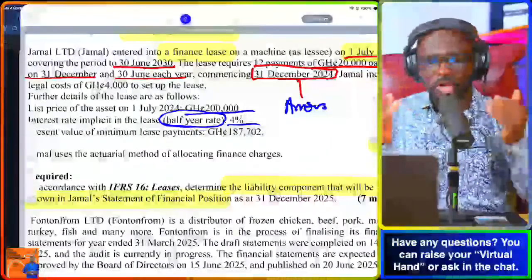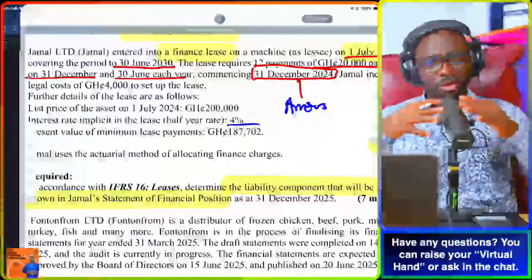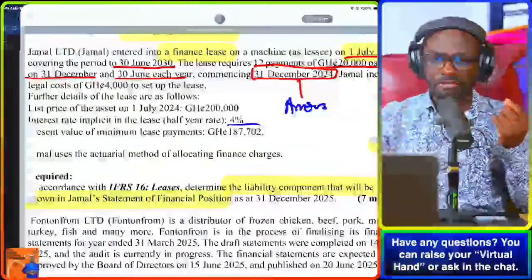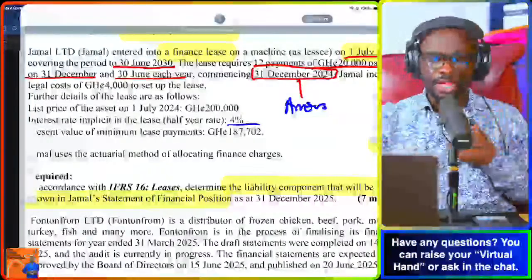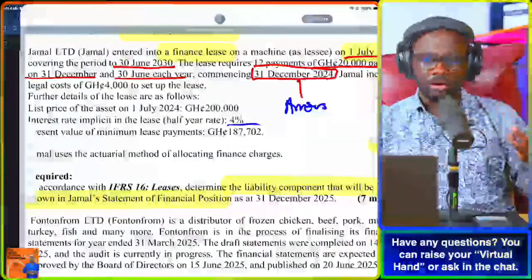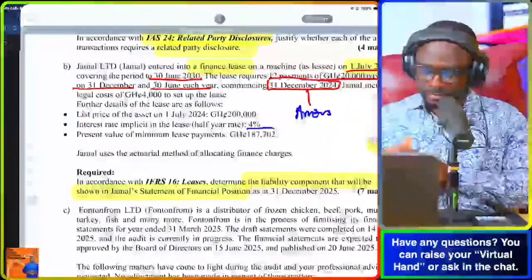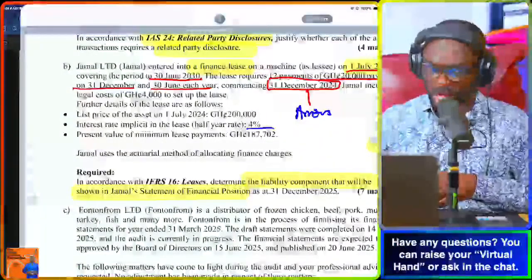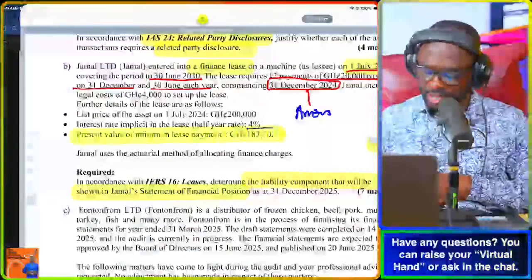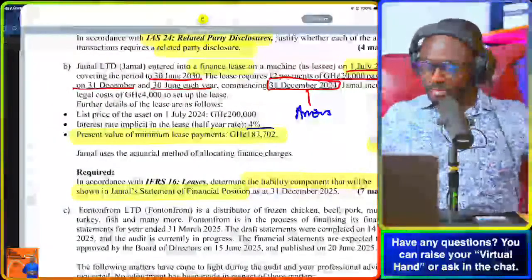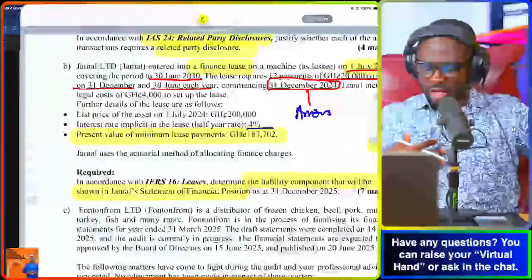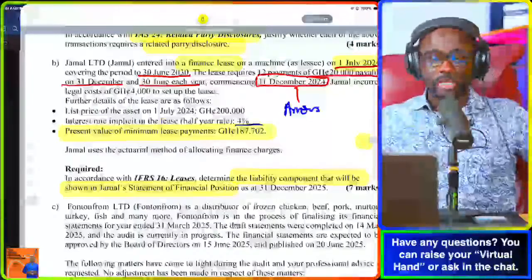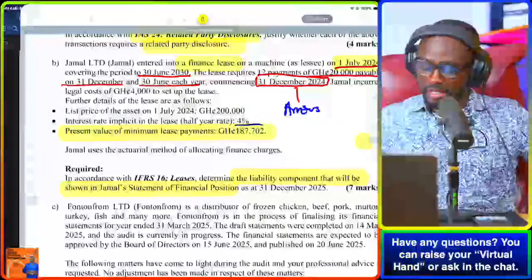Sometimes the examiner will be lenient to make things flexible for you. Other times, he wants to squeeze life out of you and bring the best in you. So you have to be careful about how you structure your answers. The present value of the minimum lease payment has been given to us to be 187,702. Jamal uses the actuarial method of allocating the finance charges.